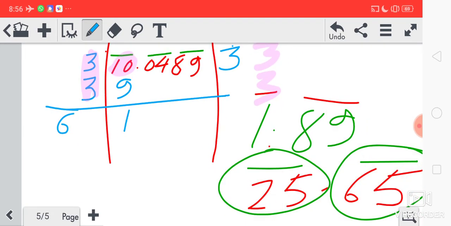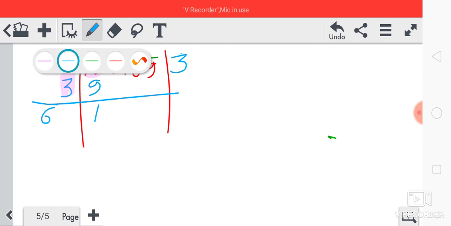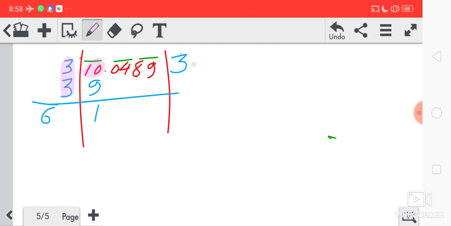Okay, now after 10 a decimal is there, you can see here. So at the right side we'll put a decimal. Okay, so we have given the decimal. Now after putting the decimal, this 04 will come down.